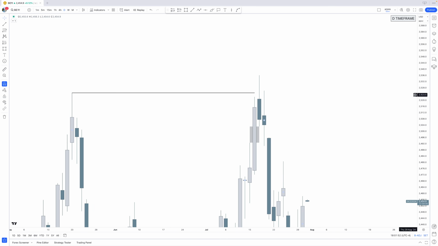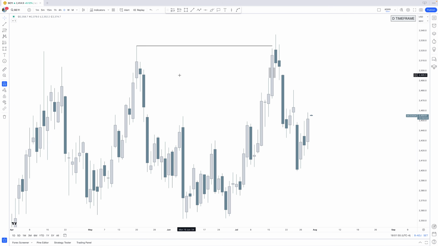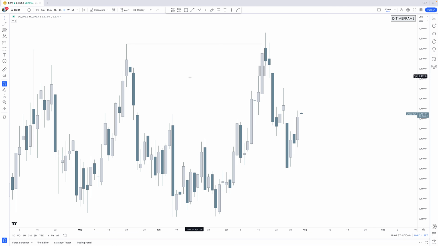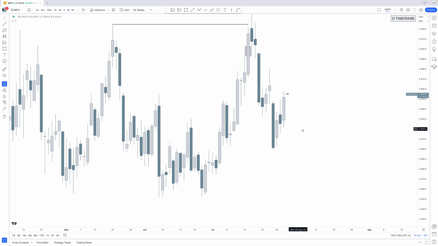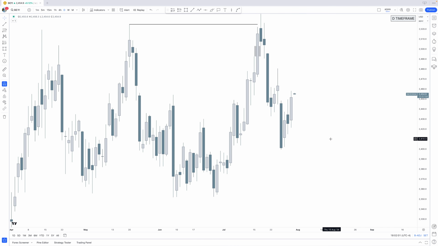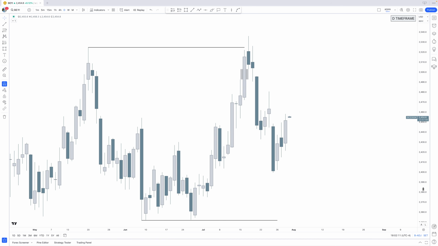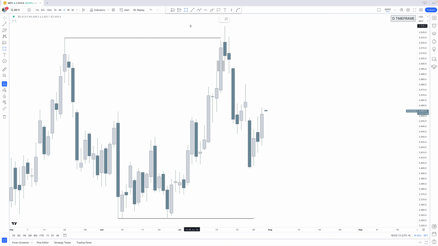Now, if we then continue lower, and we understand that this is also a bigger fair value area, right? So if we're not offering fair value anymore, we could potentially be seeking liquidity. So these lows right here, the low of this bigger fair value area, could be the target. On the way towards that low, we will see that we have this fair value gap right here, which also creates this fair value gap that we retrace back into.